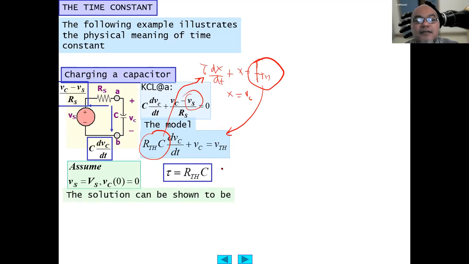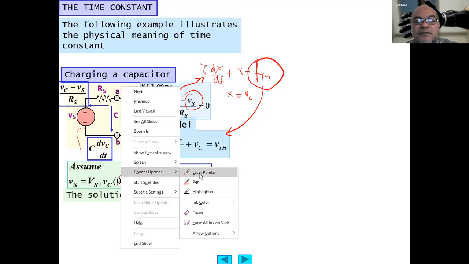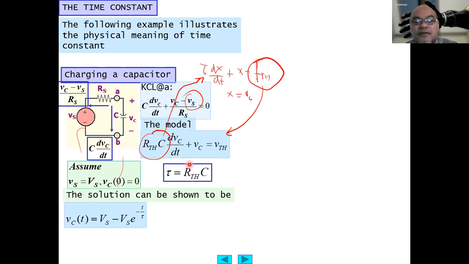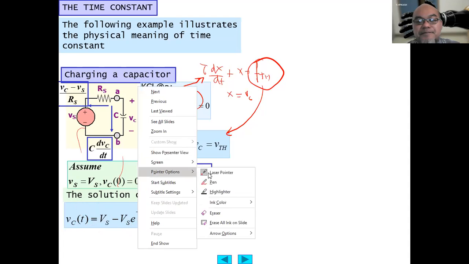The tau is R_th C, Vs is the constant voltage source, and the initial condition of Vc is 0 volts. Now the solution can be shown to be Vc equals Vs minus Vs exponent minus t over tau, from the previous slide.